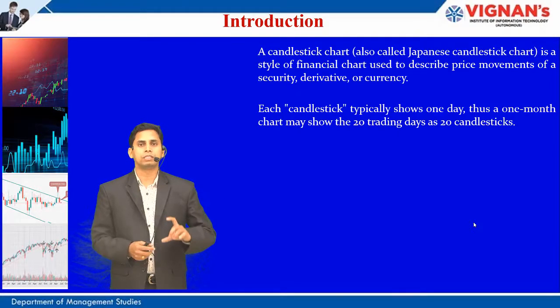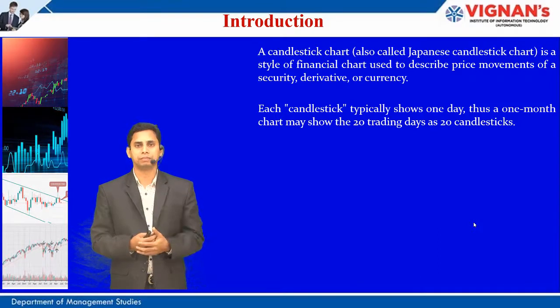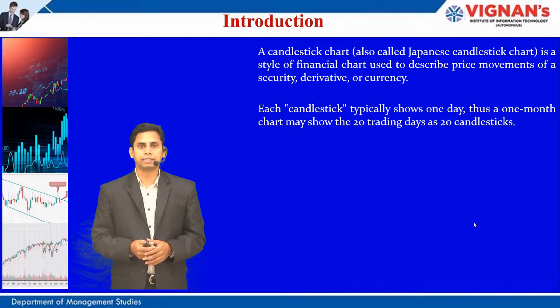So the span of the candlestick is 1 day. It has the open of that particular day, the high, the low, and the close in that day, and that creates one candlestick for one particular day.